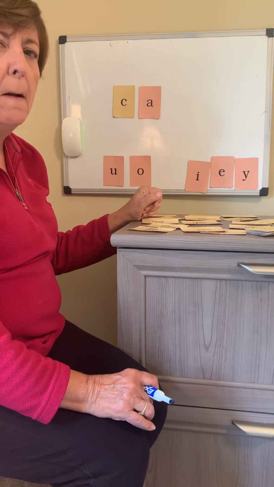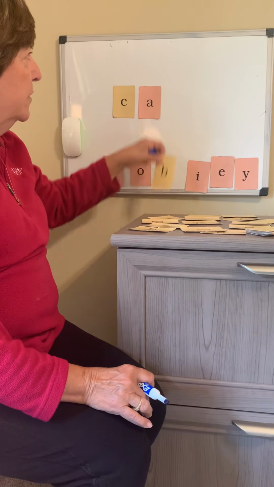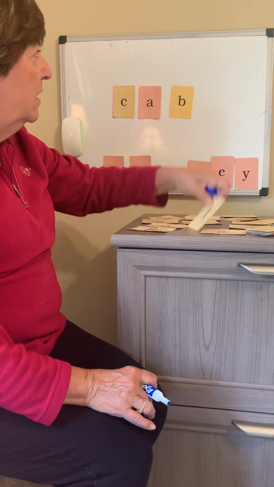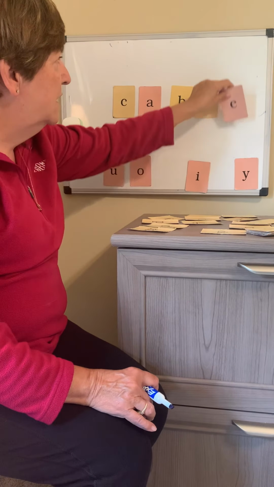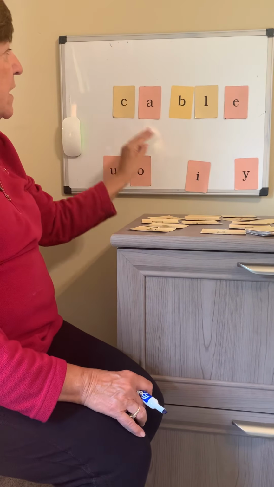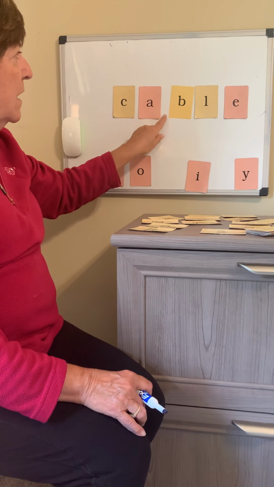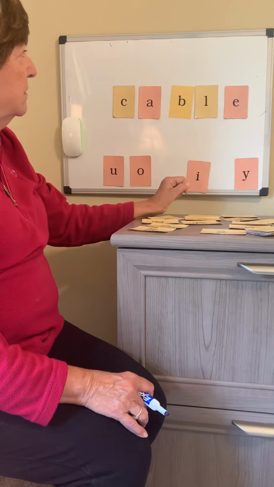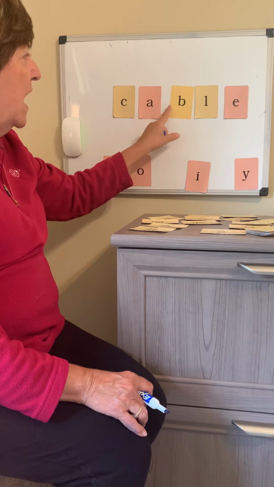Second syllable. Bowl. B-O. My E, there it is. Cable. Here's my first syllable. K. Bowl. Again, it's got the long A, so you're only going to see one consonant.